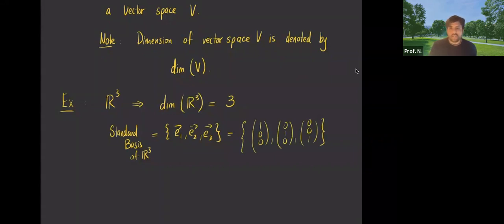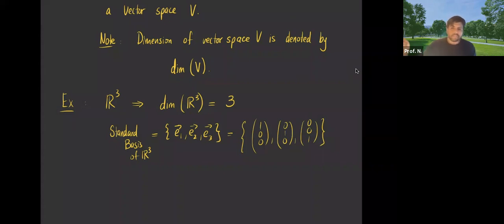But of course, this is what happens. The number of vectors in a basis will never change. So in R3, the basis vectors have to consist of only three things. It can't be four, because the very moment you have more than three vectors, immediately you become a linearly dependent set.